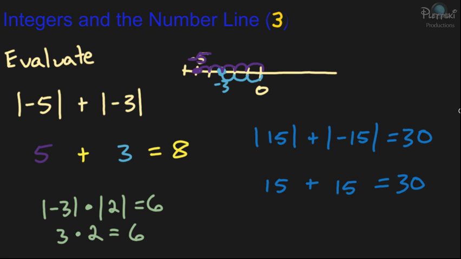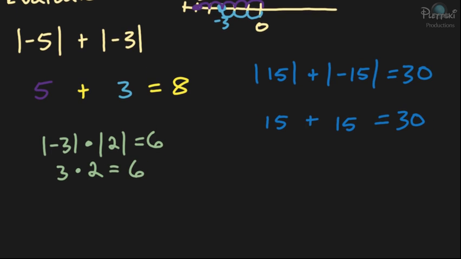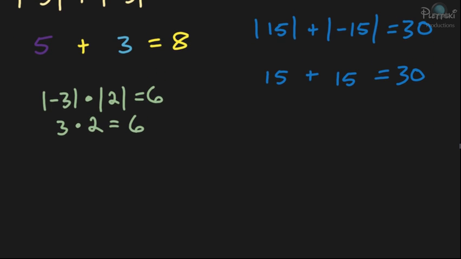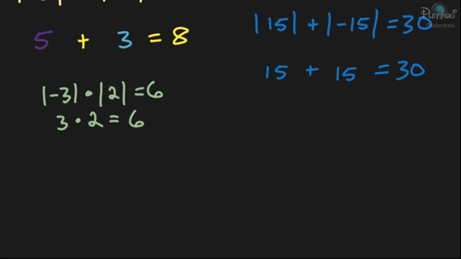Okay, now we're going to shift gears here and we're going to compare some integers. The way we're going to do this one is we're going to put some integers in order from least to greatest.